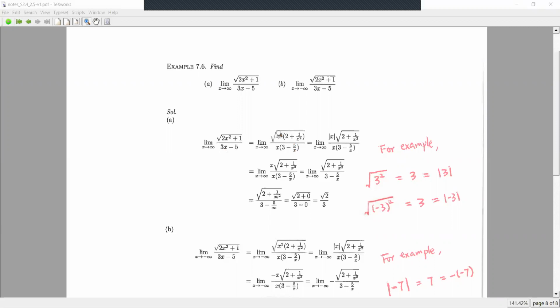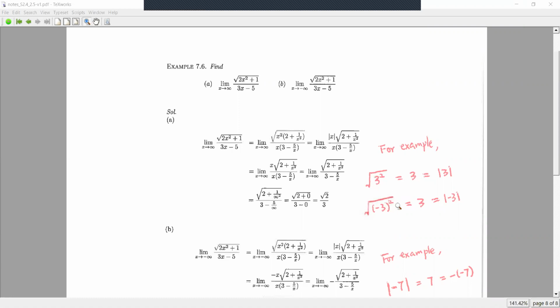Now, I move x squared outside the square root. Please note that when we move x squared outside a square root, remember to add an absolute value on x to make sure this guy is positive. For example, when we take square on positive 3, then take square root, from a calculator, the answer is positive 3.